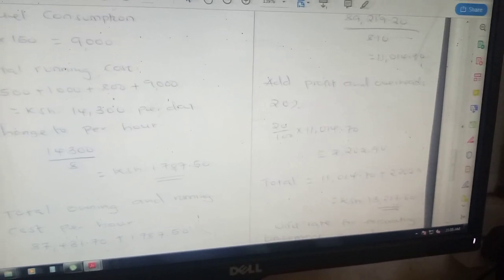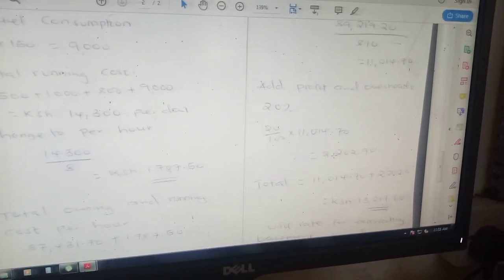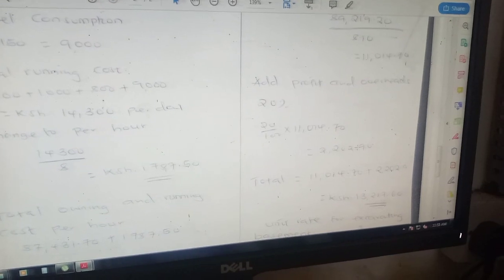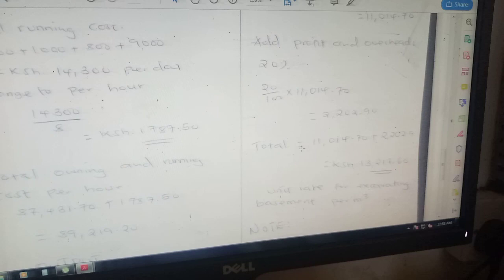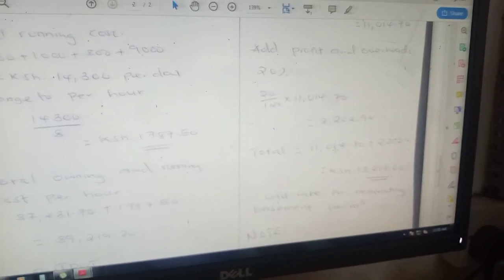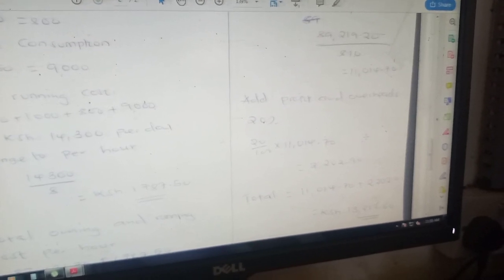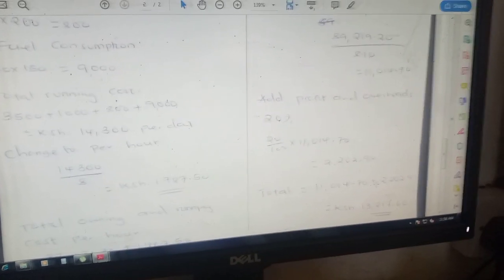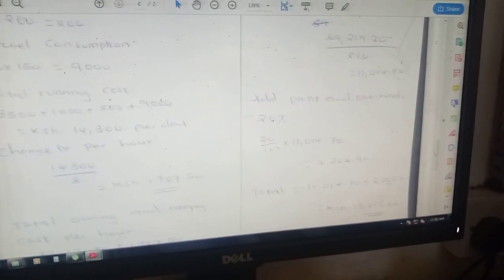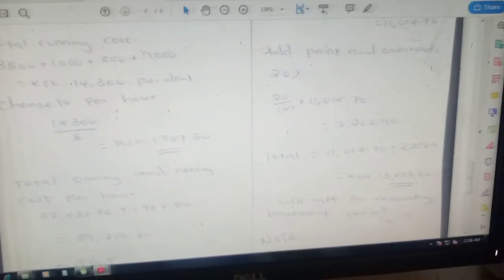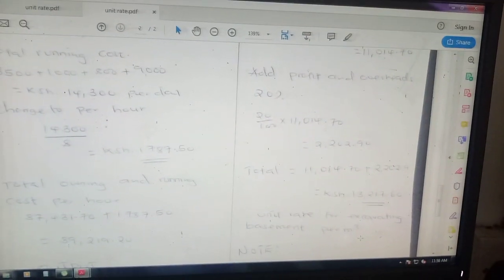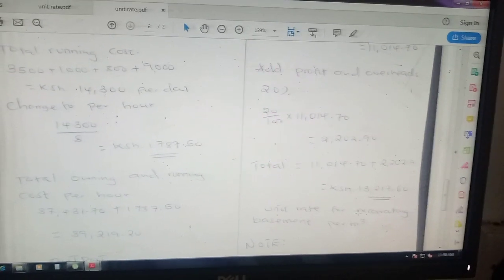So 20% of that will be 2,202 and 90 cents. So then you get the total amount of doing that work, which will be the cost per meter cube, which was 11,014 and 70 cents, plus 2,202 and 90 cents, you get the total to be 13,217 and 60 cents.